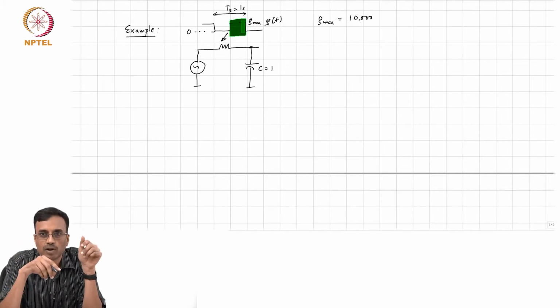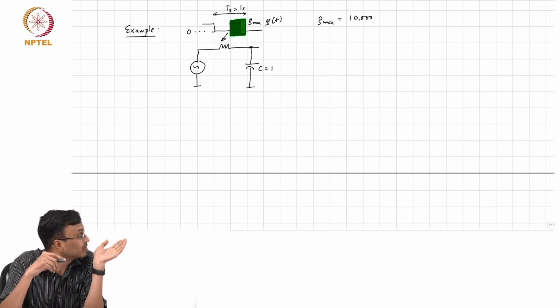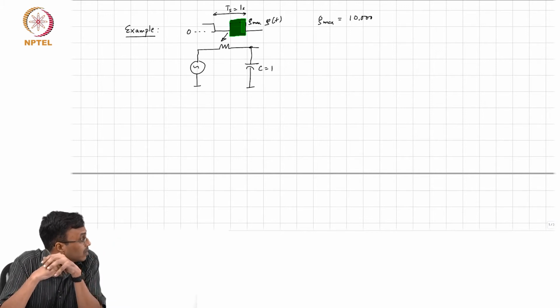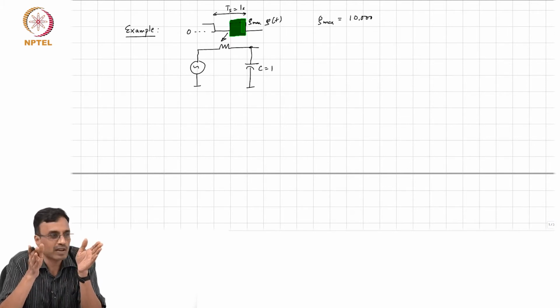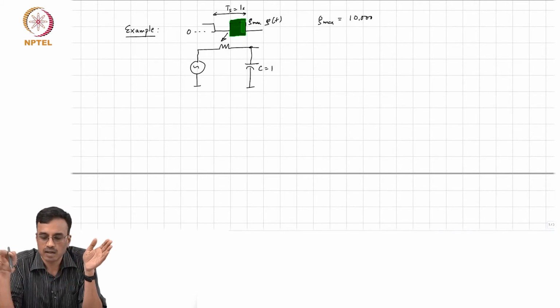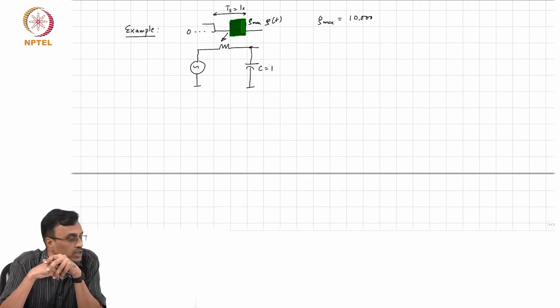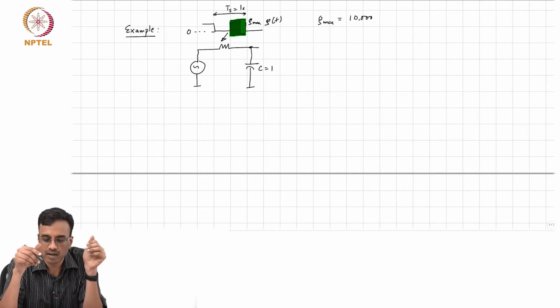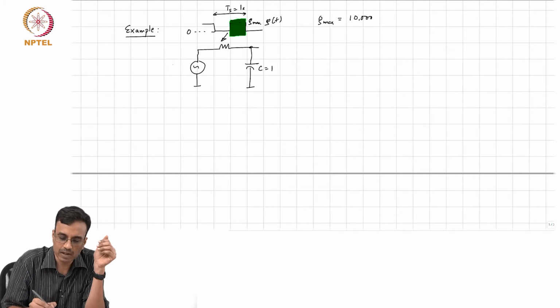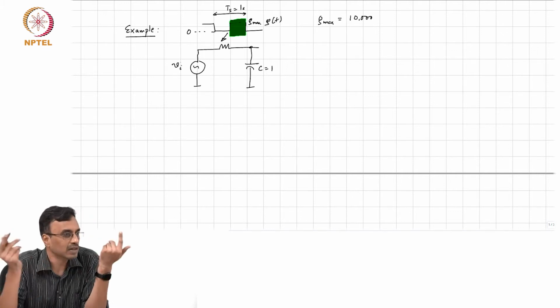So, the RC time constant is C by G, which is 10 power minus 4 seconds, right? And as you can see, that is very, very small compared to half the clock period, and therefore, the output voltage will track the input sinusoid almost instantly when the conductance is large.